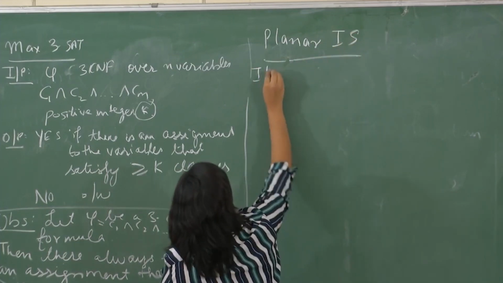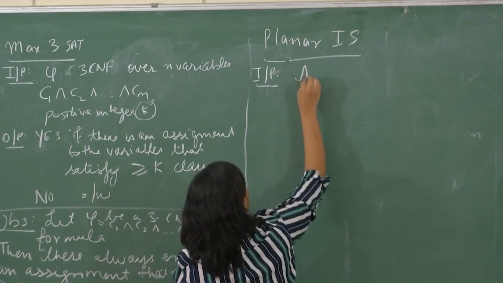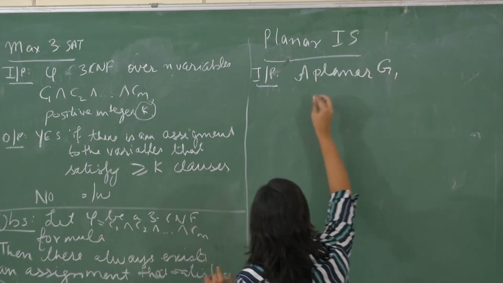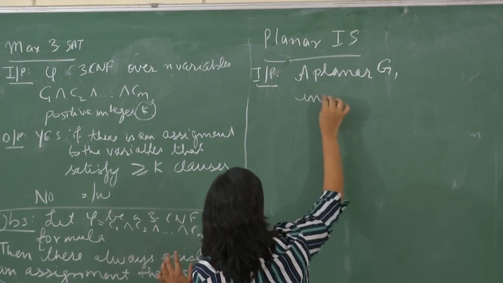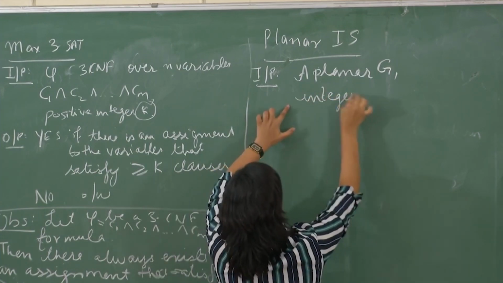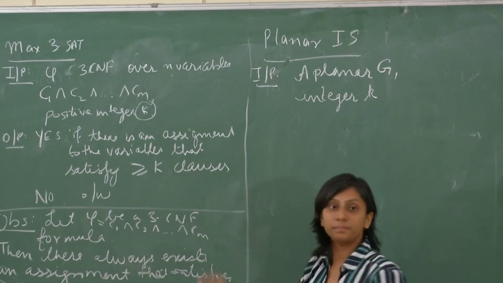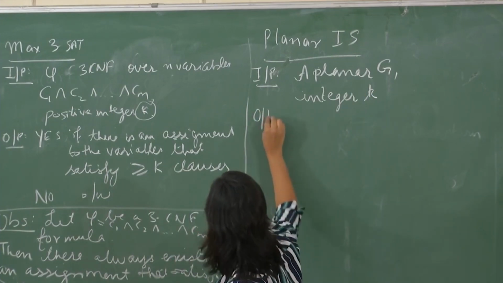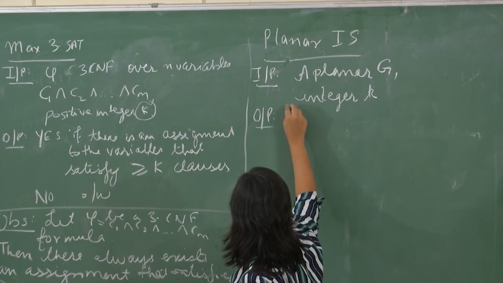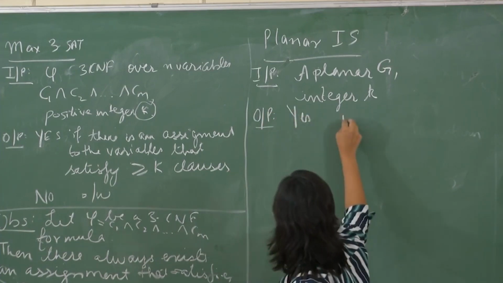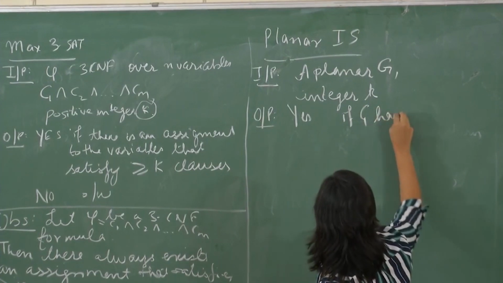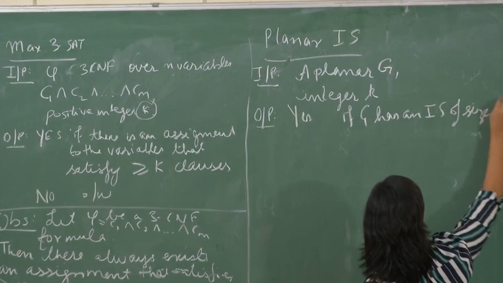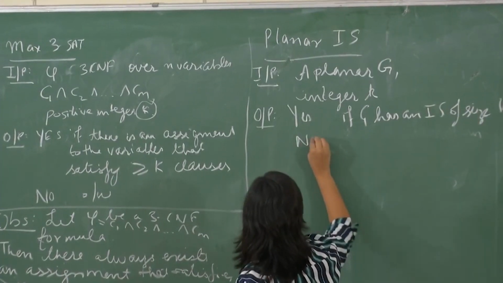So what's the input? The input is a planar graph, and again, a positive integer k. And the algorithm outputs yes if G has an independent set of size k and no otherwise.